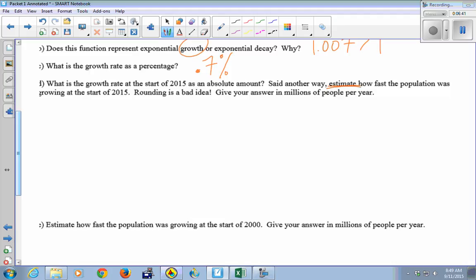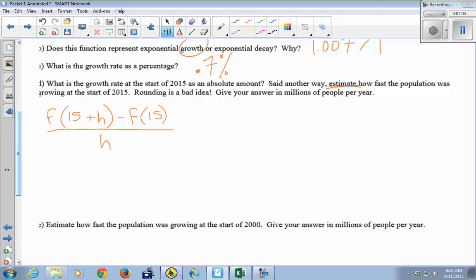So we're going to look at f of 15 plus h minus f of 15 all over h. And we're going to pick h to be really small, some small interval of time. And this is going to give us a change in the population size divided by a time interval, and that will give us people per year.